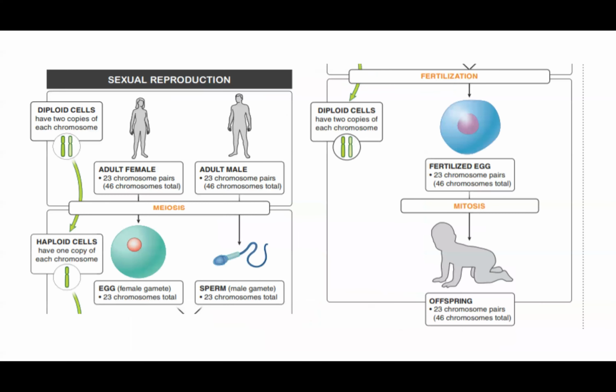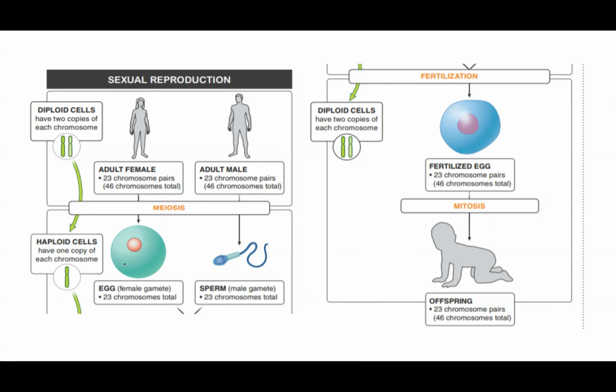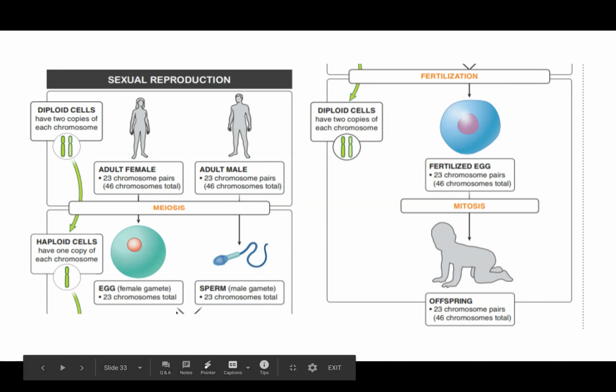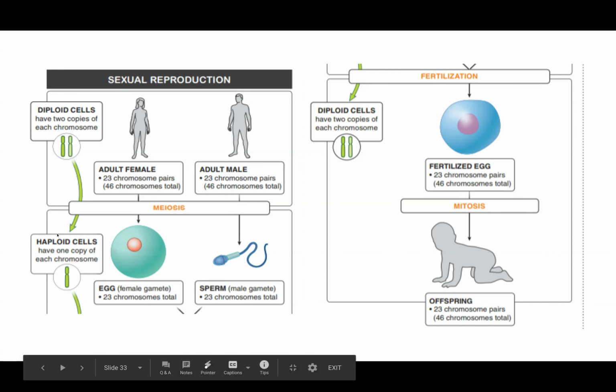We have sexual reproduction. Between our male and our female, they produce, through a process called meiosis, which we're going to talk about today, either an egg or a sperm. Each of these gametes has only 23 chromosomes, half the number typically found in your average cell, which makes them haploid.